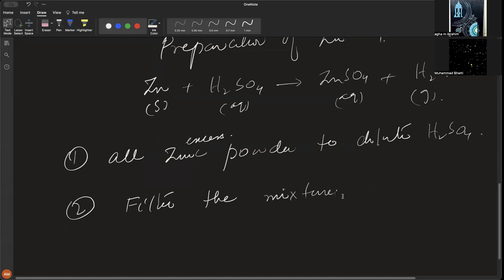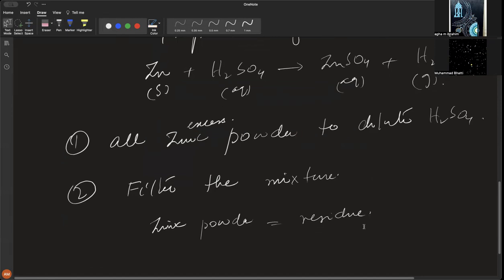Because it was a physical combination, not a chemical combination, so we can still see zinc over there, and the solution is still there. So filter the mixture. The zinc powder that we added becomes the residue, right? And the zinc sulfate solution becomes the filtrate.